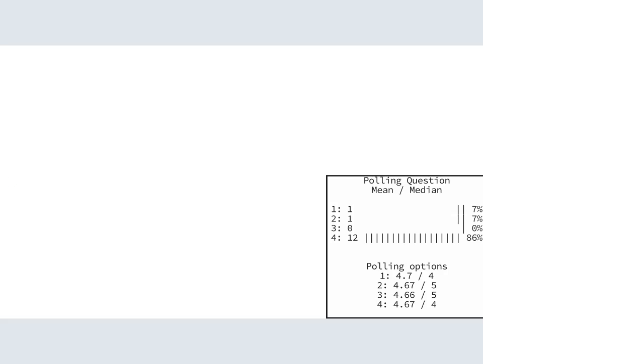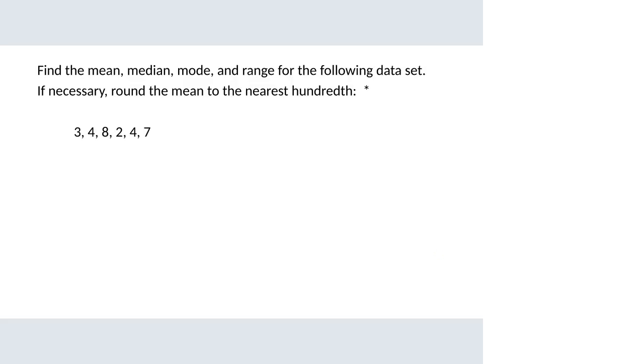Let's see what we've got. Not unanimous, but very strong agreement here. That's usually a good sign. Let's work through it together.